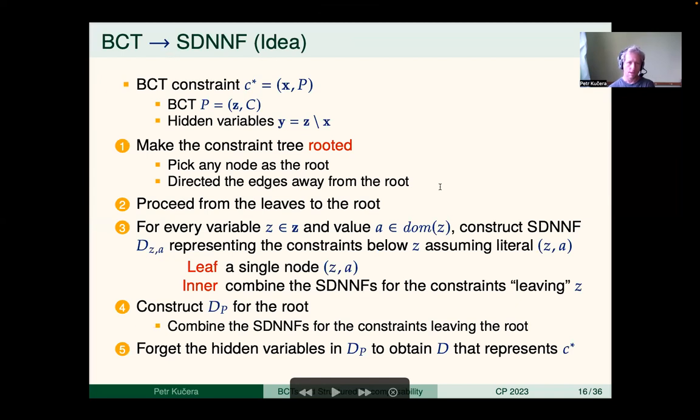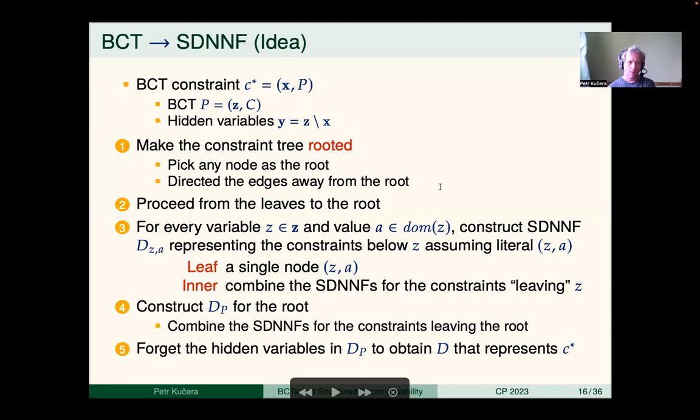So first of all, in a BCT constraint we have this tree structure, but this tree structure is not rooted and not directed. On the other hand, in SDNNFs we must also have a tree structure, but it is inherently directed and rooted because we go down the circuit.